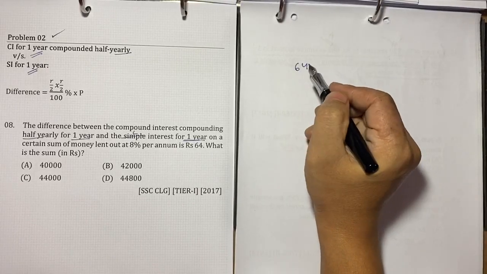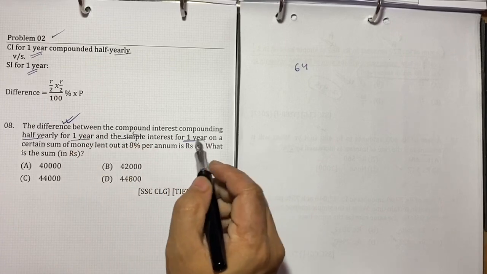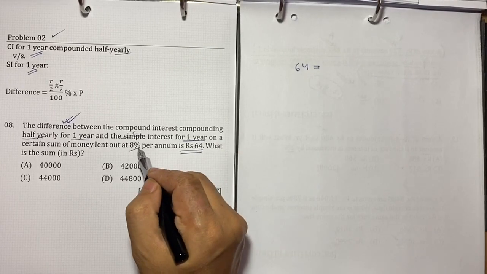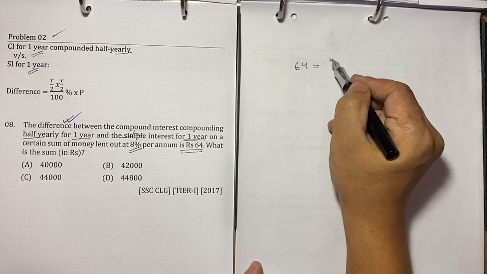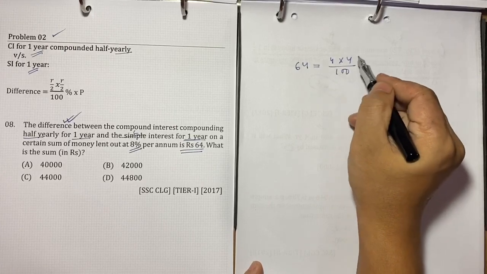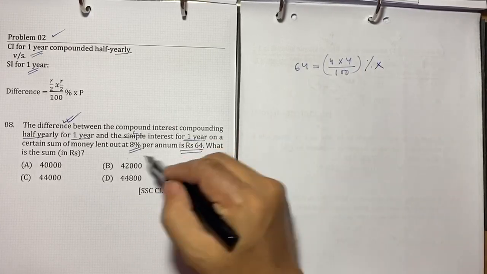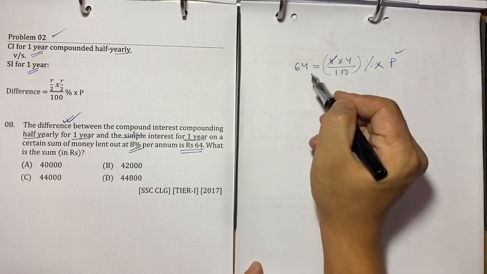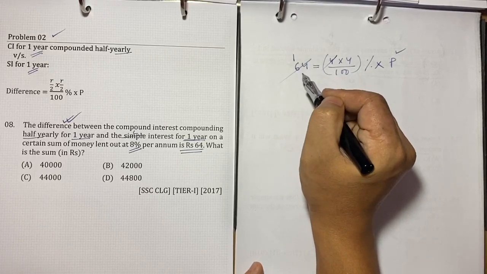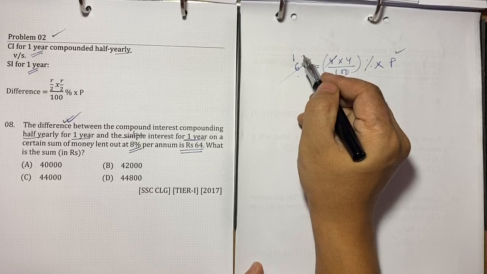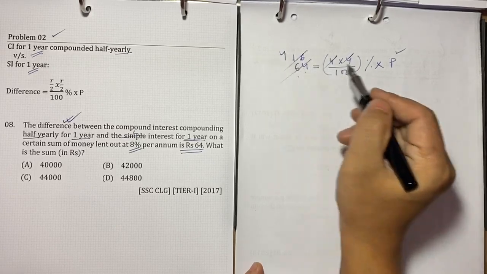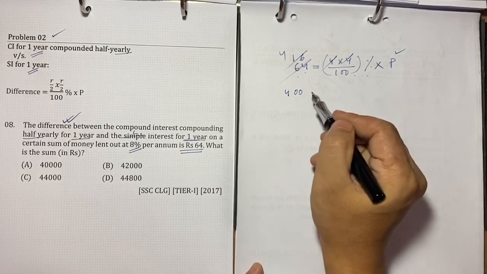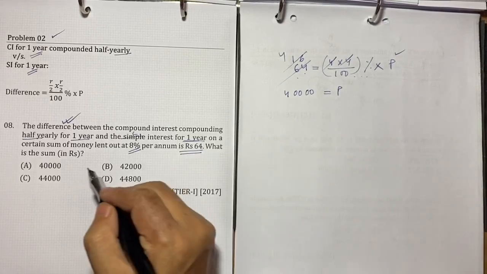The difference is given as 64. The formula: r is 8%, so r by 2 will be 4%. 4 by 100 into 4 by 100 into principal equals 64. Cancelling, we get 400 percentage, so principal equals this, and this will be the answer.